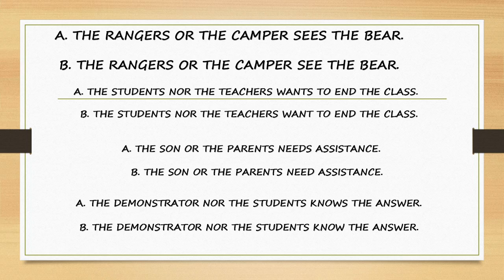Is it sentence A or B? The answer is B. Okay, very good. The answer is B, since the nearest subject to our verb is plural, so is our verb.